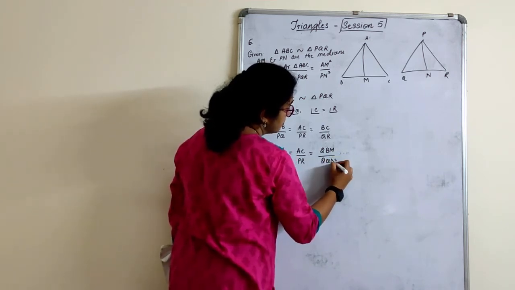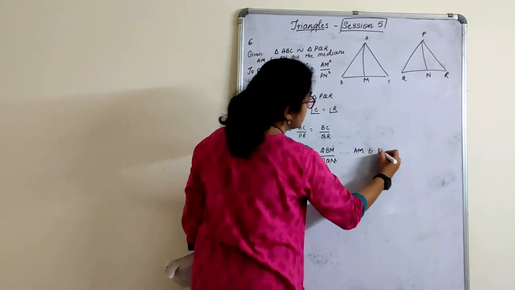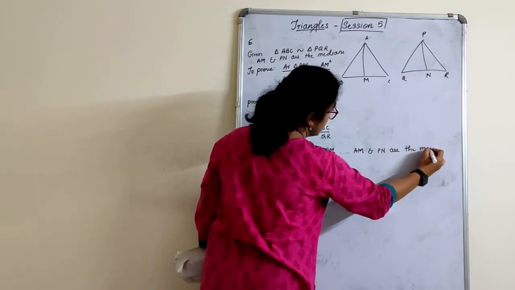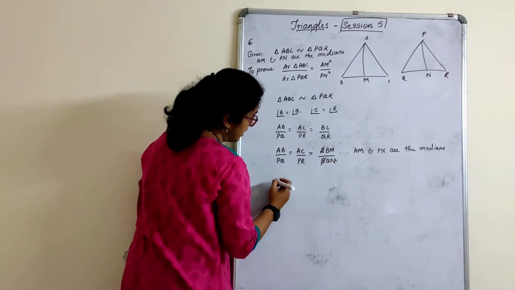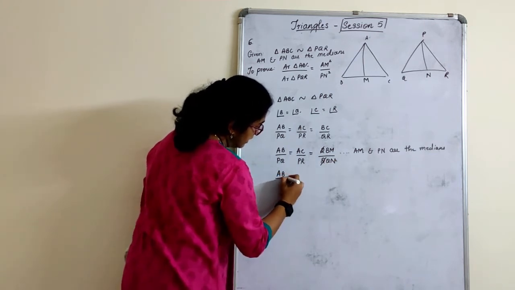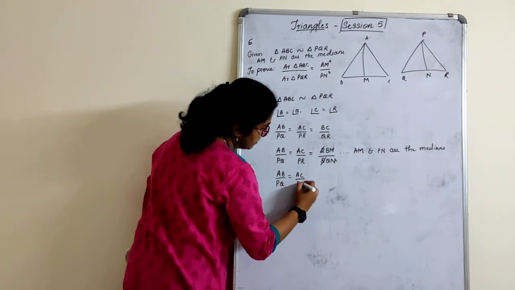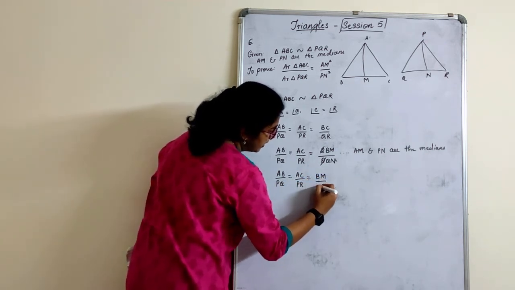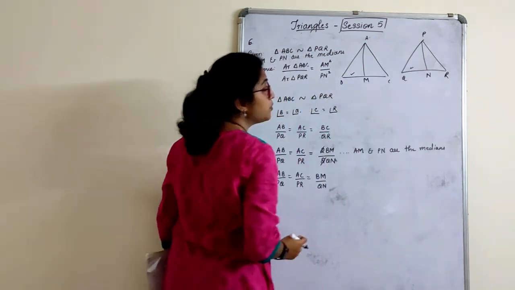Reason? AM and PN are the medians. They divide into equal parts. 2 and 2 will get cancelled. So what remained? AB by PQ is equal to AC by PR is equal to BM by QN. Now choose these two triangles and prove that they are similar.